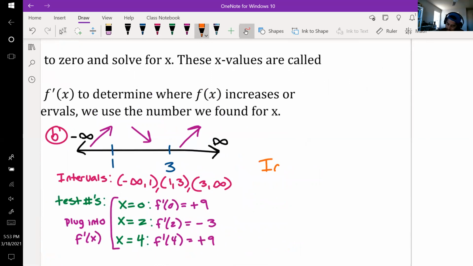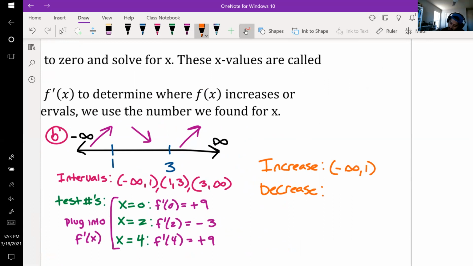Which means, since we have our intervals of increase and decrease, we can answer the final question. What intervals do we increase on? And what intervals do we decrease on? So looking at your sign chart, what are my 2 intervals of increase? -infinity to 1 and 3 to infinity.